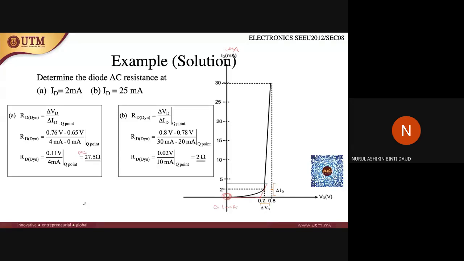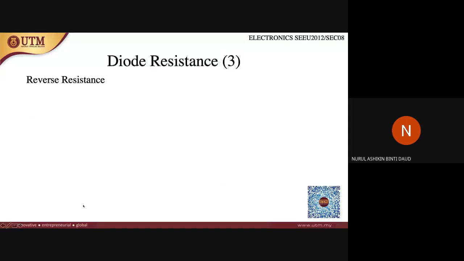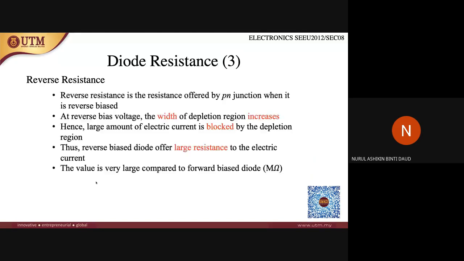Now this is reverse resistance. Reverse resistance is the resistance offered by the PN junction when it is reverse biased. At reverse bias voltage, the width of the depletion region increases, so the amount of electric current blocked by the depletion region is larger.